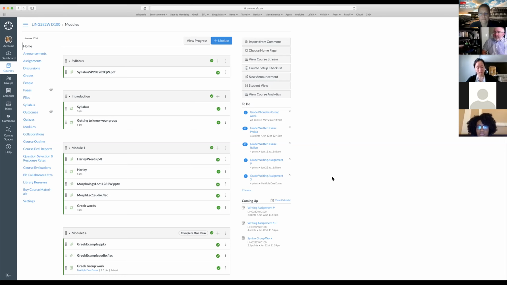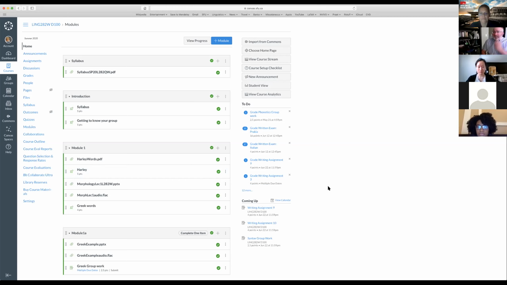There's a tab down here called BB Collaborate Ultra, and it basically opens a nifty little Zoom session where students and professors interact, and it's very handy.